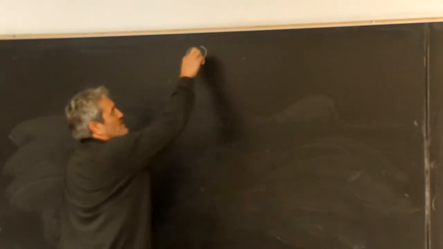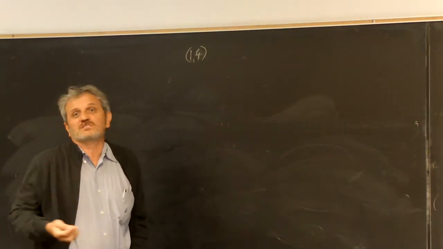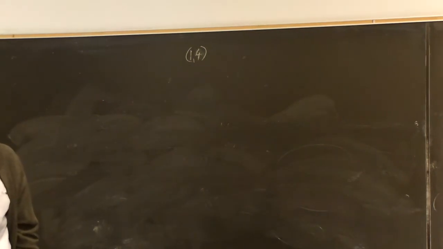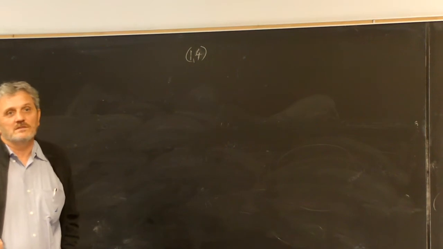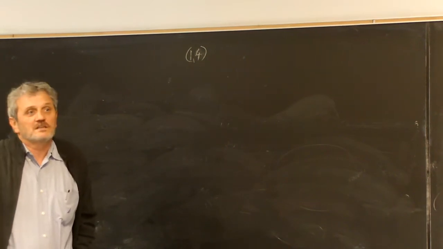I have to choose someone on the first row. Do you agree? And in how many ways can I do that? In 8 possible ways. Which one I choose on first doesn't matter.